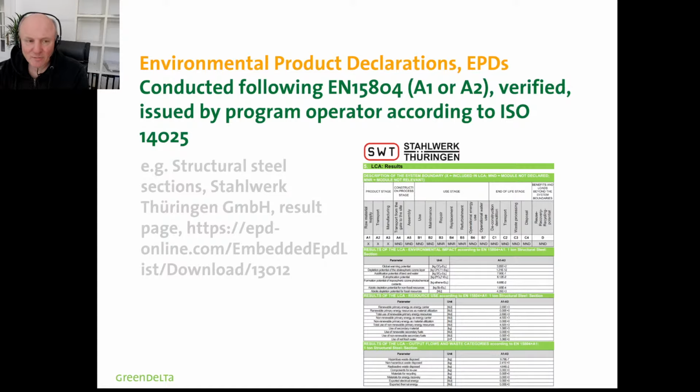So this is from EBU, from a German steelwork. It's very small, so you don't really see, but you see my mouse hopefully. Here are these LCA indicators, and here are the input inventory indicators, and here are the output inventory indicators. And that is an EPD from the older A1 version of EN15804.